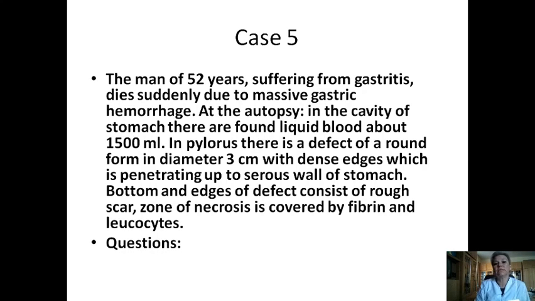The next case, case number 5. Situation. A man of 52 years old, suffering from gastritis, dies suddenly due to massive gastric hemorrhage.